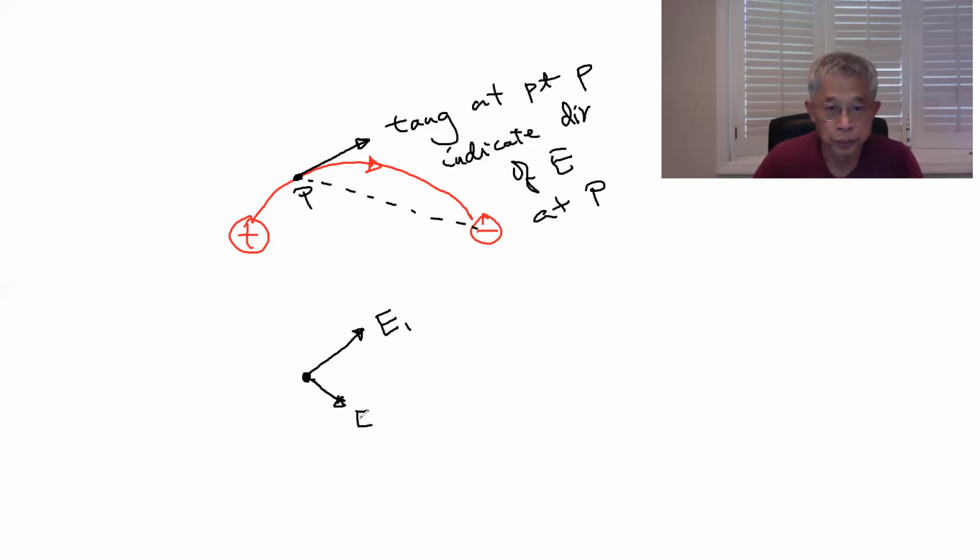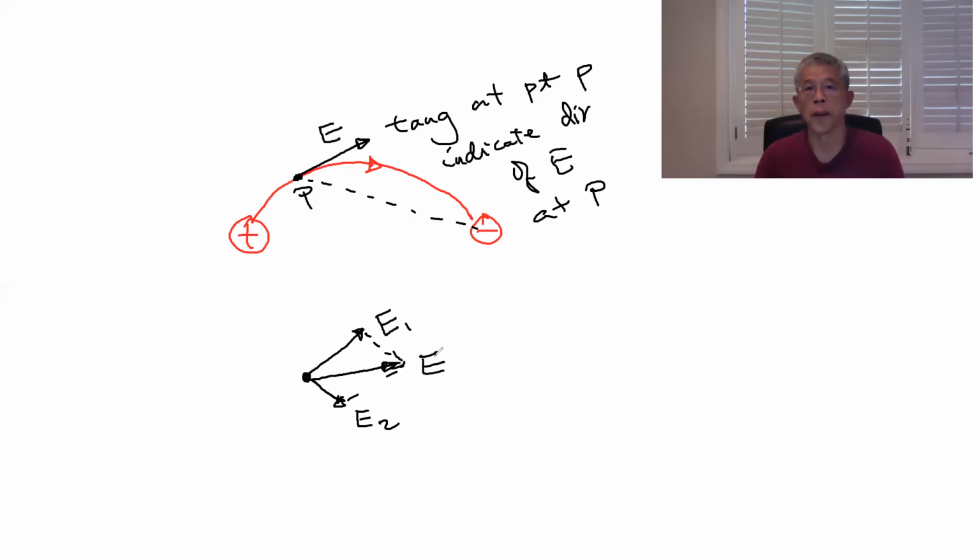So this is E2. So then you use the parallelogram, right? So then it tells you that this electric field must be going like that. It's slightly upward, right? You can see this is the electric field that I drew. See that? This is a resultant. Okay? So the tangent at point P indicates the direction of E at this P.